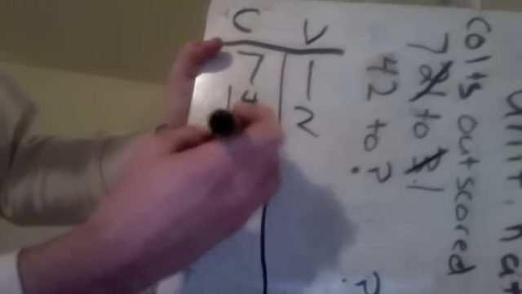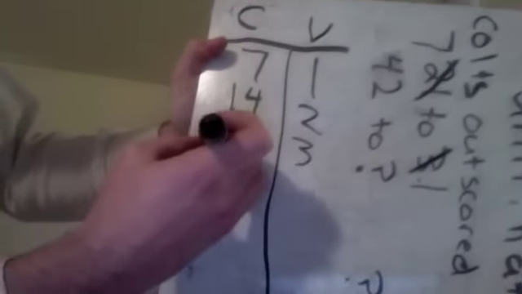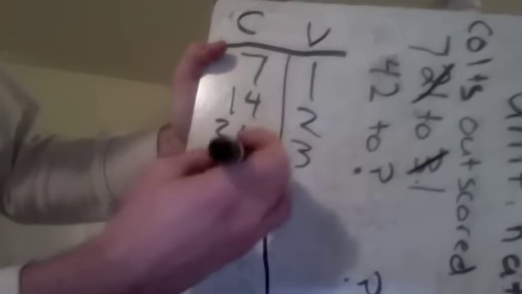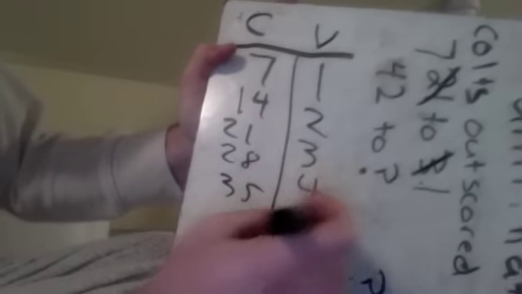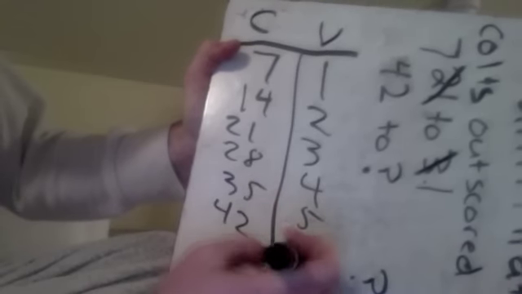I could do 21-3. Another 7 would be 28. Another 1 would be 4. 35-5. 42-6. Now that answers our first question right there. If the Colts scored 42, the Vikings, following the same ratio, would have 6. So I can put that one in there. That would work. Okay. That's one way we could do that problem.